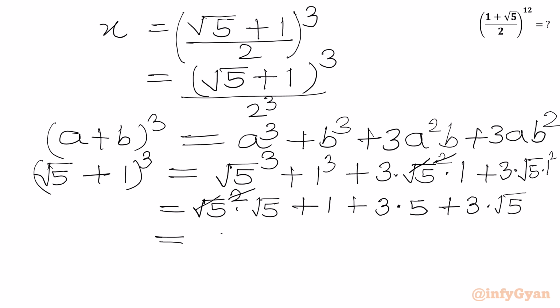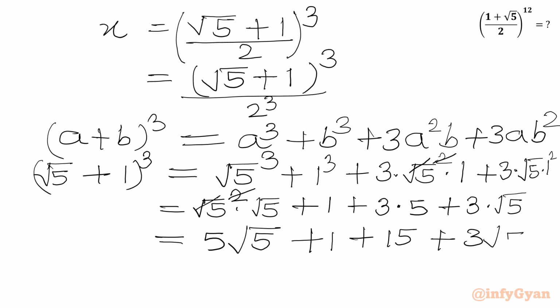We will get 5√5 + 1 + 15 + 3√5. Now 5√5 plus 3√5 will give us 8√5. 1 plus 15 is 16.